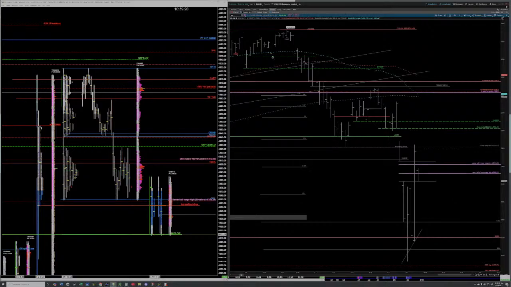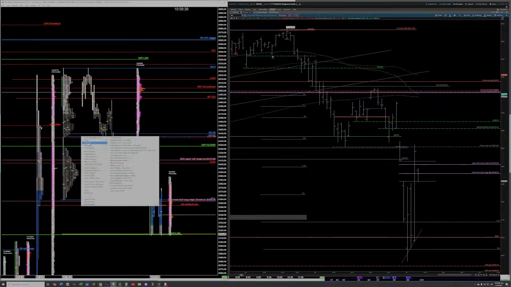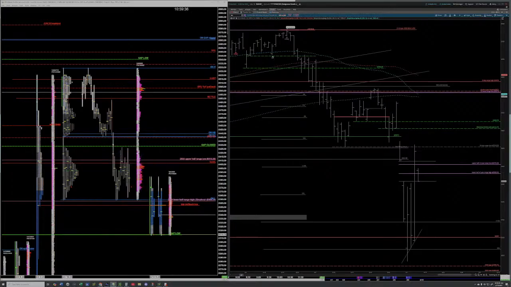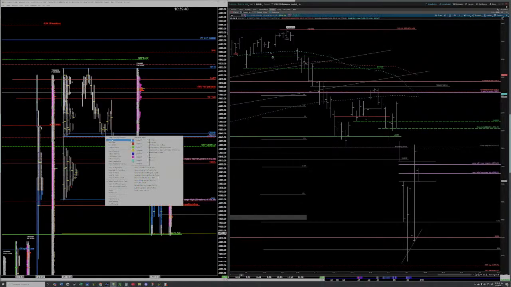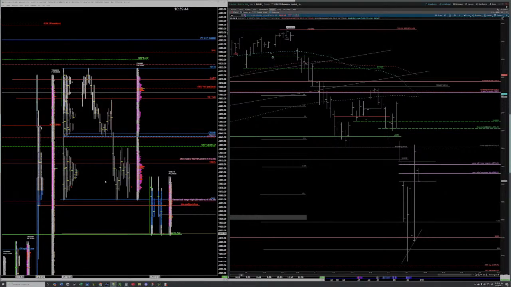Sell. But the main thing, that thing from the overnight, right? From the overnight.